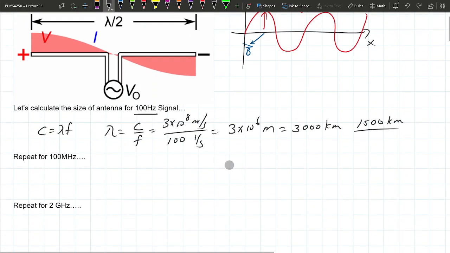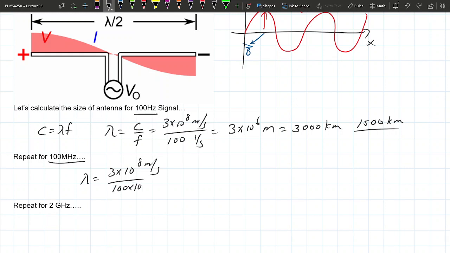Let's just do a few more examples. If the signal is 100 megahertz instead, so I put 100 million, 10 to the 6, 1 over second, on the bottom here instead. Most of this cancels out, so this will be 3 meters. So the antenna length will be about 1.5 meters.